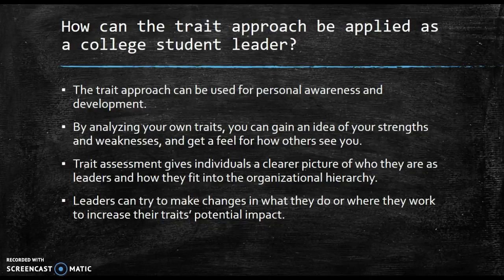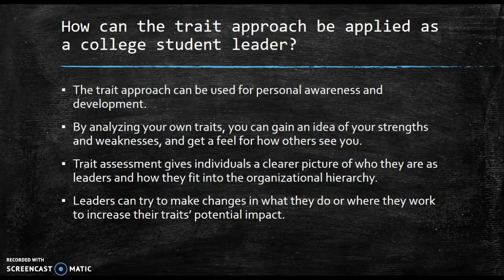So, how can the trait approach be applied as a college student? I think the trait approach can be used for personal awareness and development. By analyzing your own traits, you can gain an idea of your strengths and weaknesses and get a feel for how others see you. Also, the trait assessment can give you a clear picture of who you are and how you fit into different organizational types at college or even in the workforce and beyond.